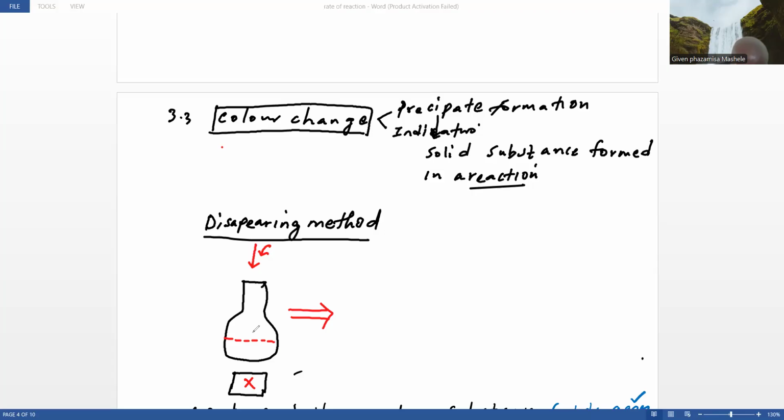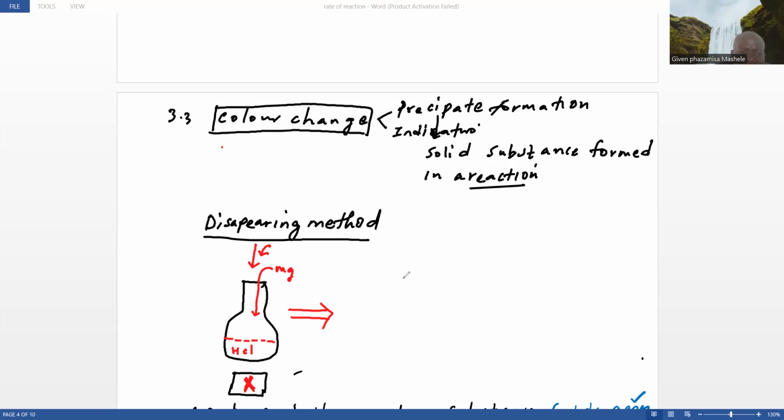Before the reaction, let's say inside here we just had hydrochloric acid, or we had magnesium. Then we mix this with magnesium. This is an example. Then we start looking at the color change, how fast or how slow this mark is disappearing.